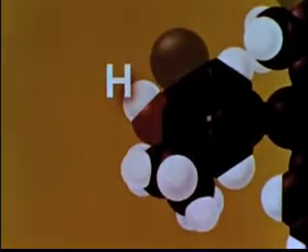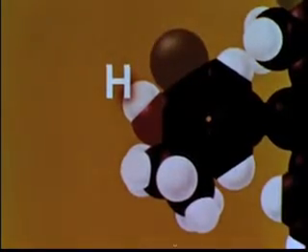We can simplify our representation by letting H stand for the acidic proton and BB for the rest of the bromethymol blue. Thus, HBB represents the yellow form, and BB minus the blue form of the indicator.